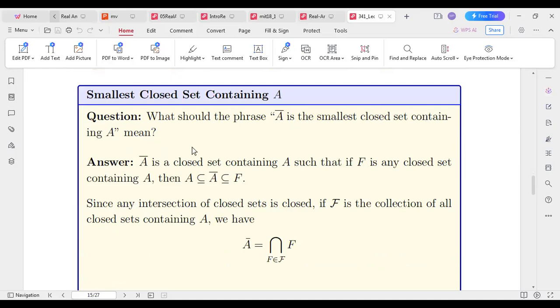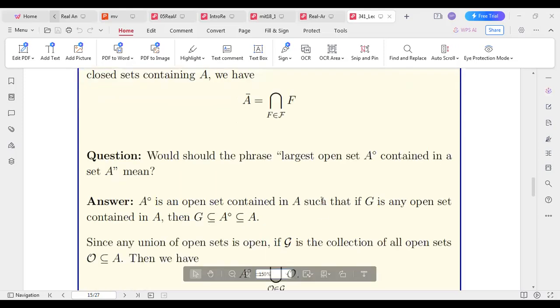Actually, the closure of A is a closed set containing A such that if capital F is any closed set containing A, then A is a subset of the closure of A and the closure of A is a subset of F. Since any intersection of closed sets is closed, if curly F is the collection of all closed sets containing A, then the closure of A is the intersection of all F belonging to curly F. So in that case, it is the smallest one.